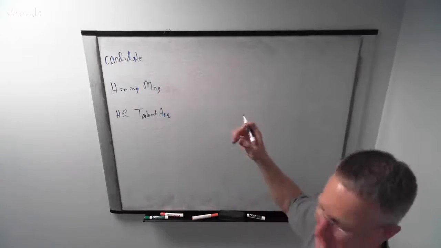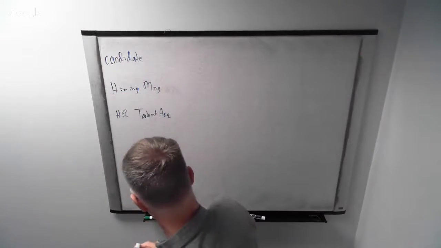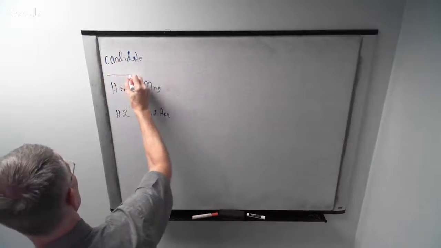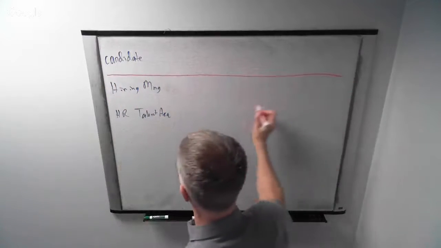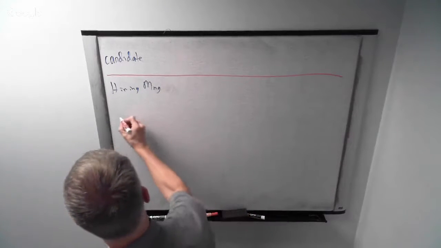Now, what are the tasks then? Just so we put some boundaries around this. So we've got 3 lanes that we're starting off here. We've got the candidate lane, and I should probably move this down a little bit further.